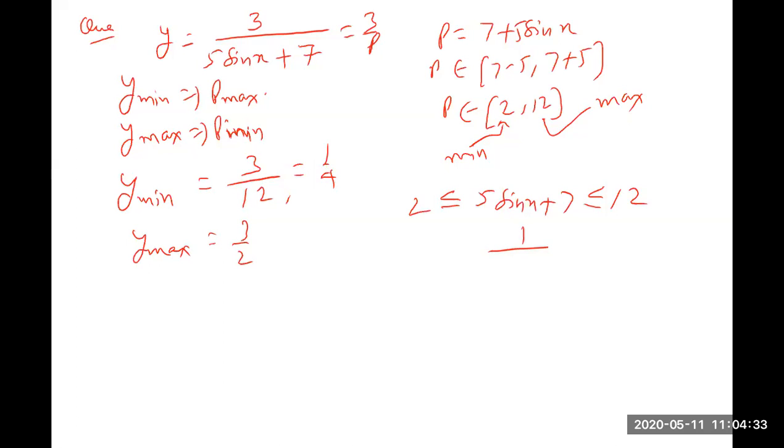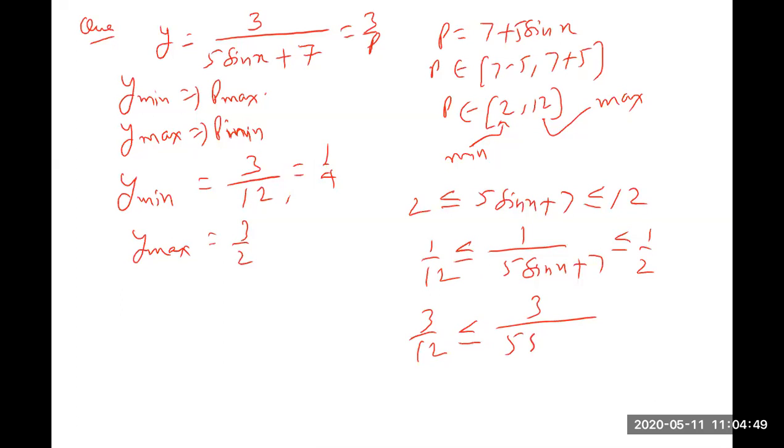So 1 upon 5 sin x plus 7 will interchange: greater than 1 upon 12, less than 1 upon 2, and multiply by 3. So 3 upon 12, 3 upon 5 sin x plus 7, 3 upon 2. So this belongs to 1 upon 4 to 3 upon 2. This will be the answer of this question.